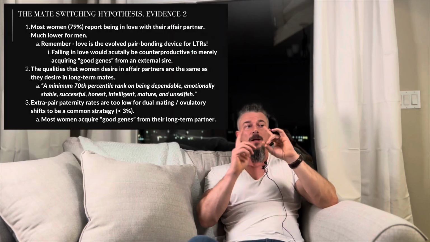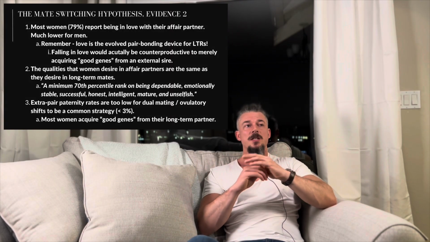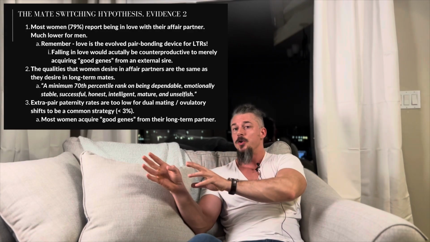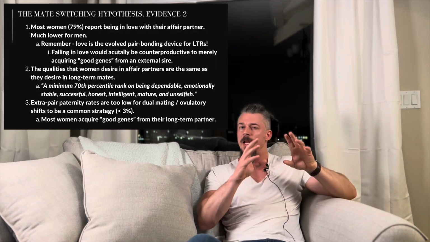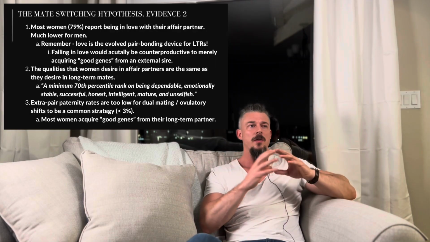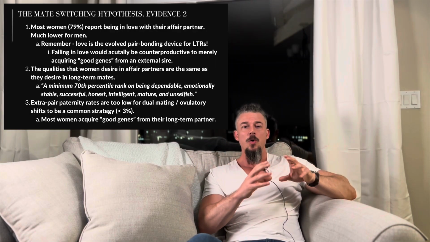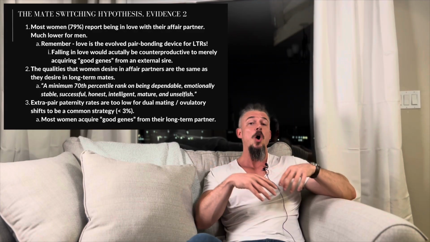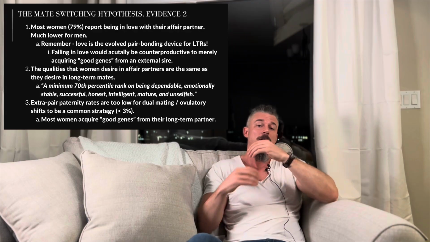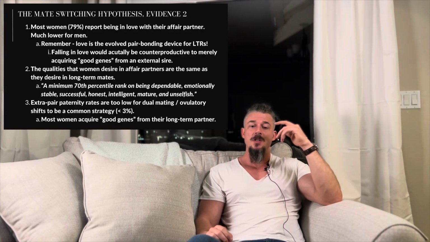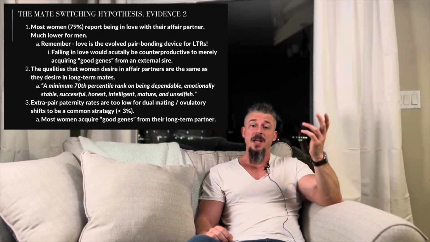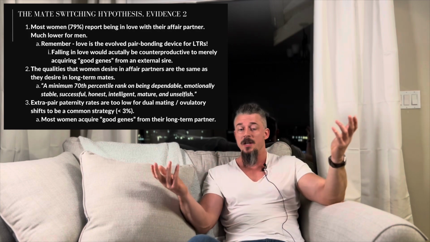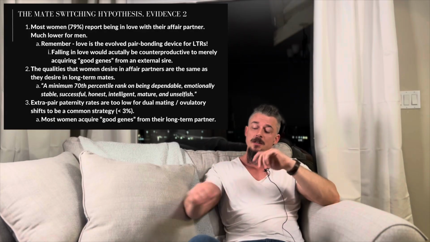But in the last video, something explained in a paper by him: even if an extra pair partner has better genes than the primary partner, in most cases, according to all of this evolutionary logic, it's still going to be more beneficial to acquire genes from the primary partner, given all of the benefits from provisioning that they provide. Anyway, big blows there to the dual mate hypothesis. Big support for the mate switching hypothesis. And this is the current direction in evolutionary psychology between these two at the moment.